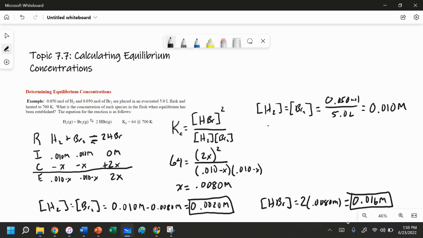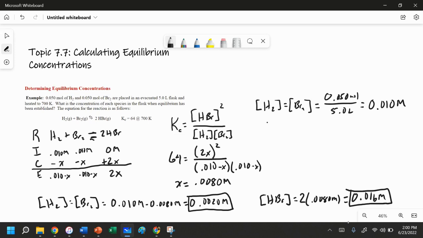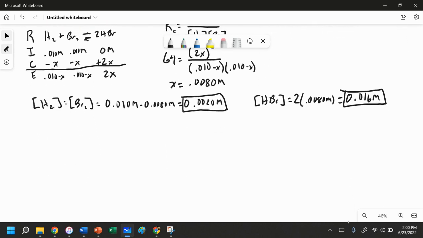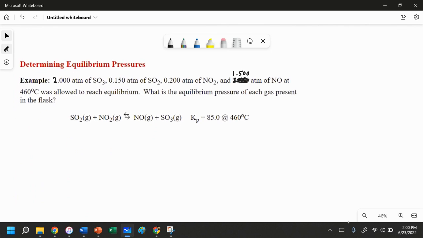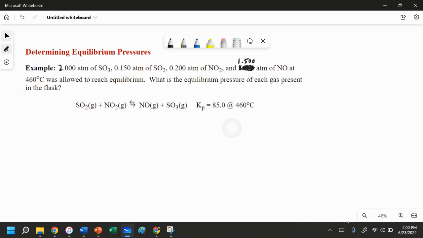We are now going to do a problem where instead of using concentrations, we're going to use partial pressures because gases can exert pressure and equilibrium can be shown in terms of pressure. Remember, Kp can only be used for gases. So if there's any aqueous solutions or any solids or liquids, they would not go into your Kp expression.